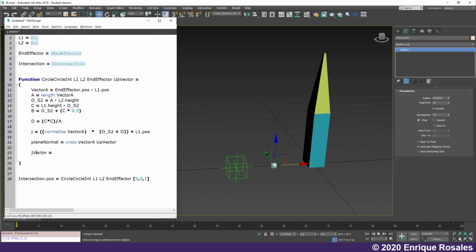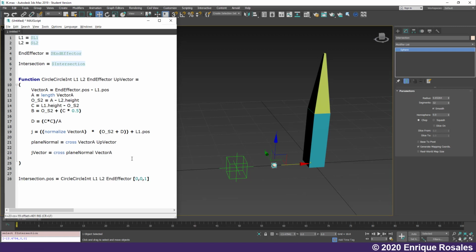You're not seeing me, but I'm moving my right hand, trying to understand what the actual order is. So J vector will be plane normal cross vector A.